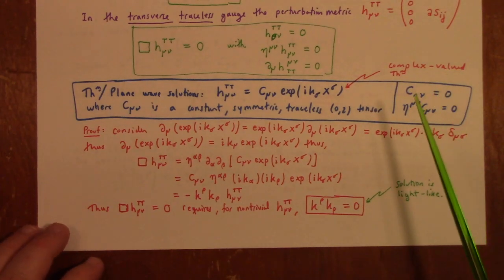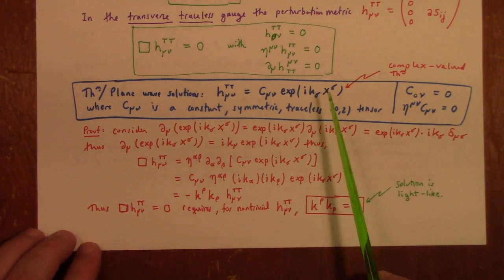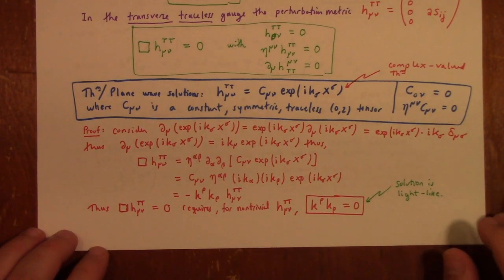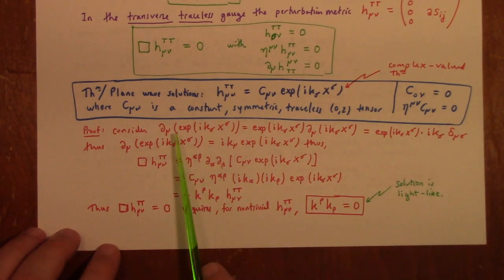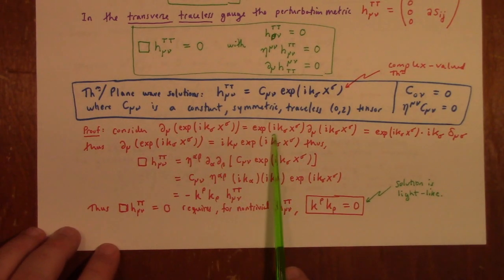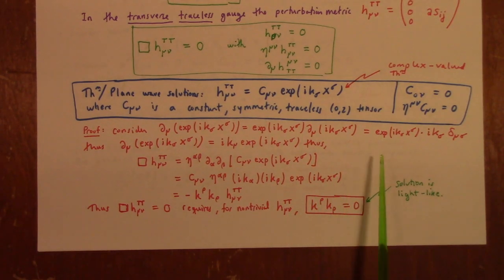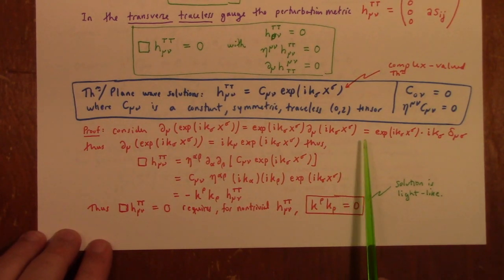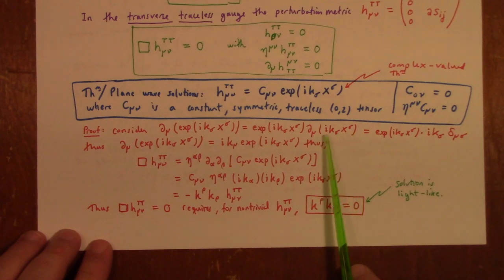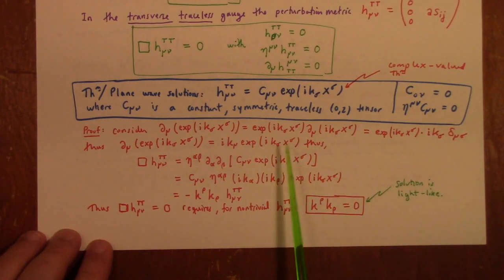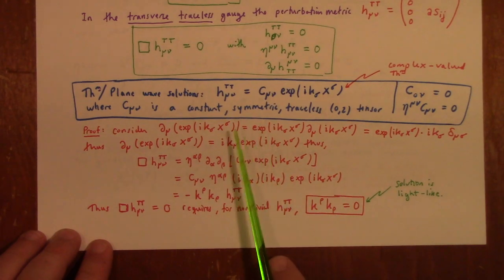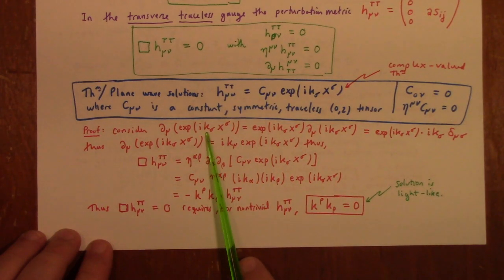But okay, so we can try it out. Does it work? Well, calculate the D'Alembertian of this alleged solution. If you calculate the derivative of the exponential, the chain rule gives you the exponential times the derivative of the inside function. That just gives me back Kronecker delta mu sigma, which gives me an i k_mu. So differentiate this, it pulls out an i k_mu.